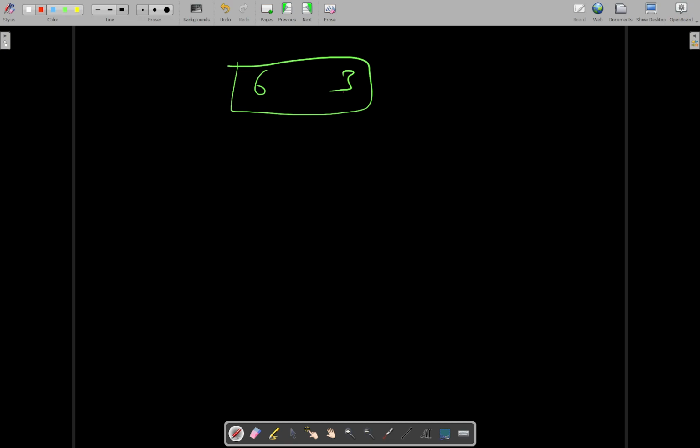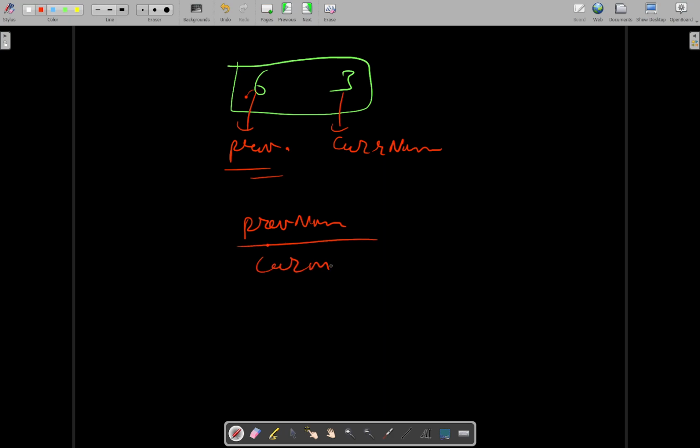It does not matter really. Let's say I call this current number and this is the previous number. So the number of times you have to carry the operations is previous number divided by current number minus 1. So it will be 6 divided by 3 minus 1, which will be 1.